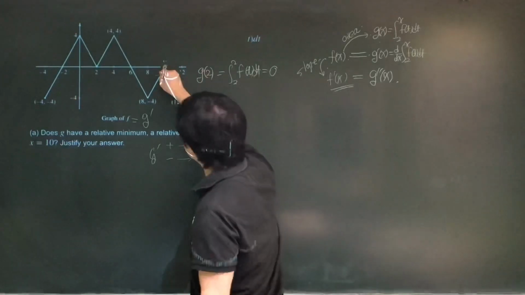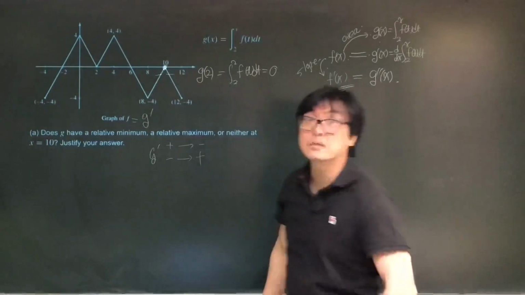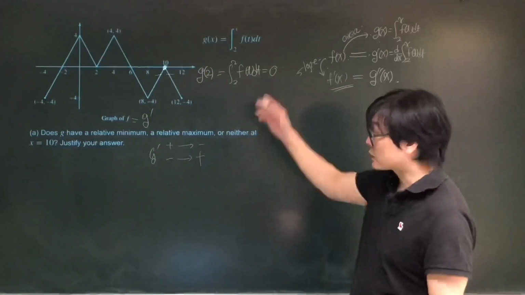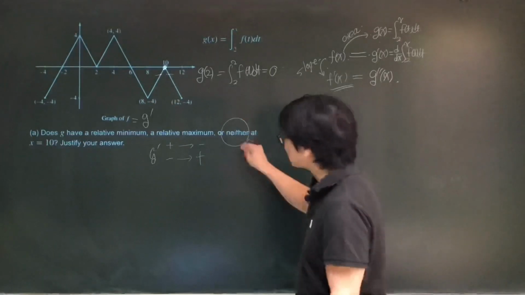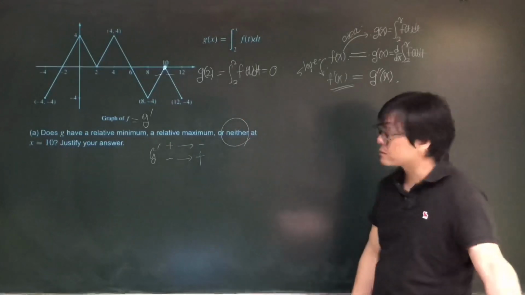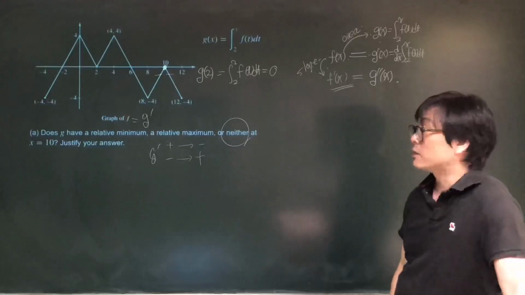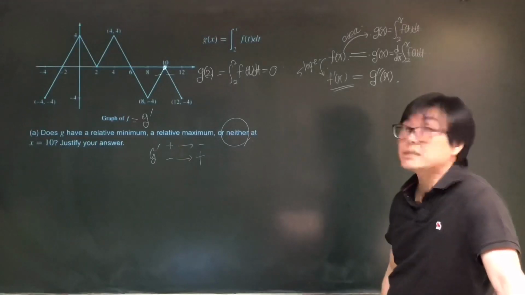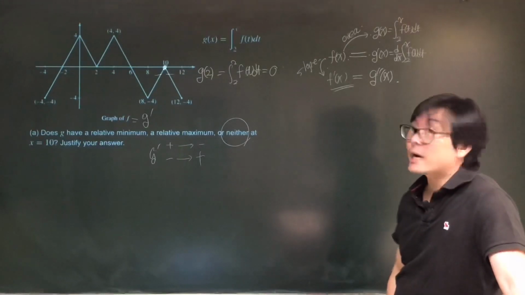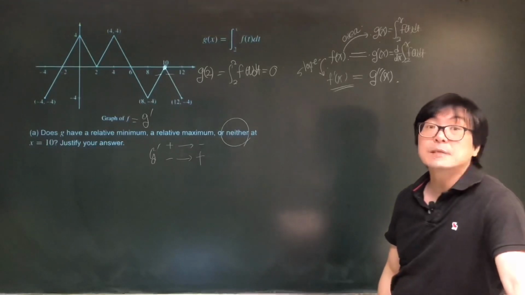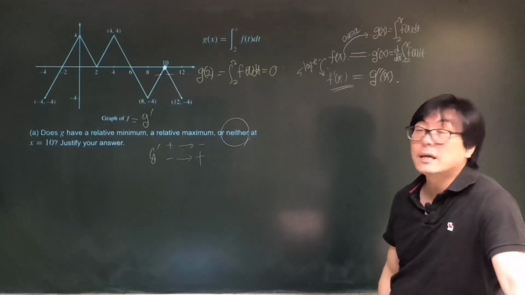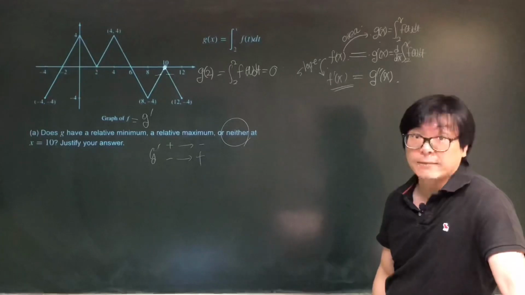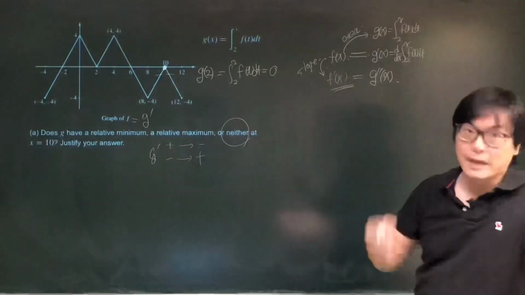They are both negative, below the x-axis, near x equals 0 and x equals 10. So that tells us it's neither. G of x is neither a relative minimum nor a relative maximum because the G prime value keeps negative nearby at x equals 10. That should be the answer for A.